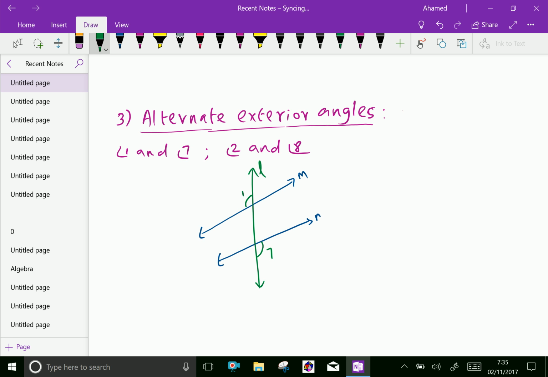So these angles are alternate exterior angles. As well, angle 2 and angle 8 are also alternate exterior angles.